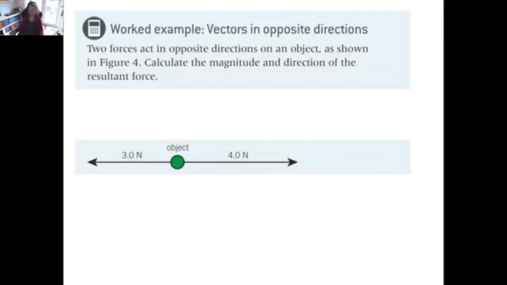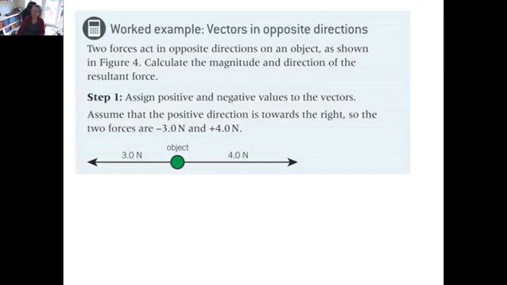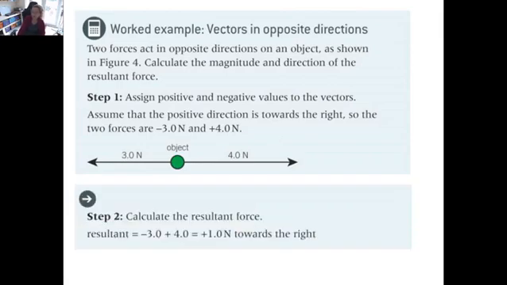And that's the whole point of vector quantities, that they not only have magnitude but they also have direction. So here we've designated the 3 newtons as a negative direction and the 4 newtons as a positive direction. So now when we add the two vectors together to work out the resultant force, we simply have -3 plus 4 is going to equal +1.